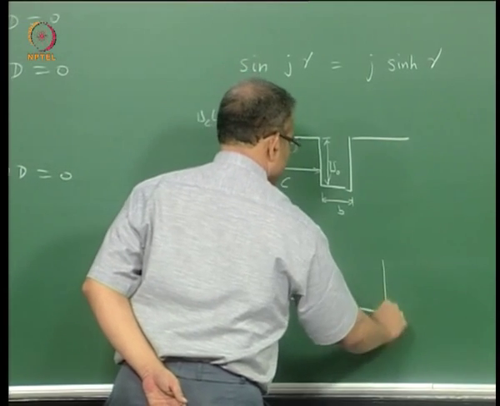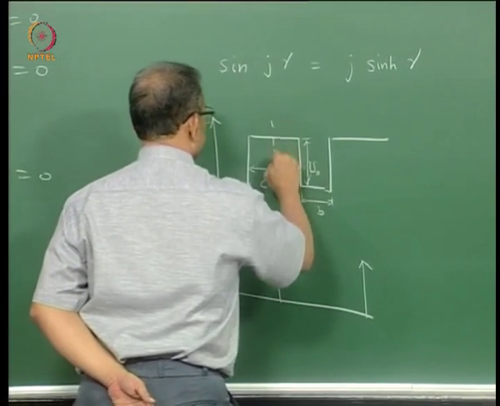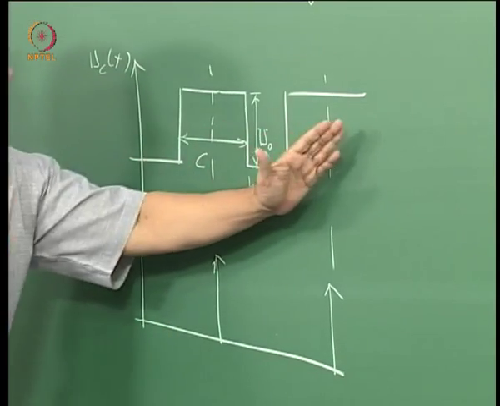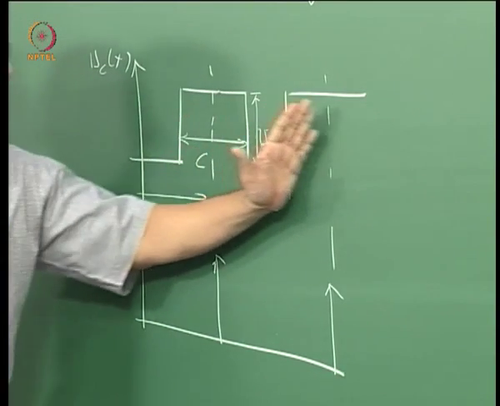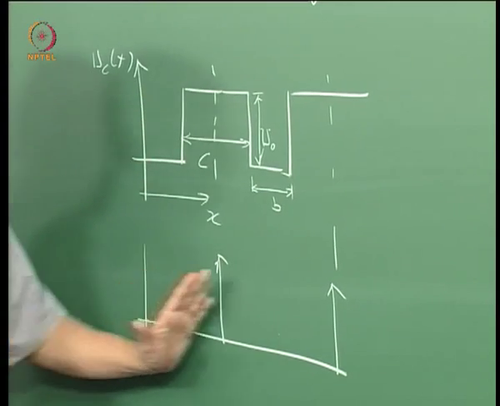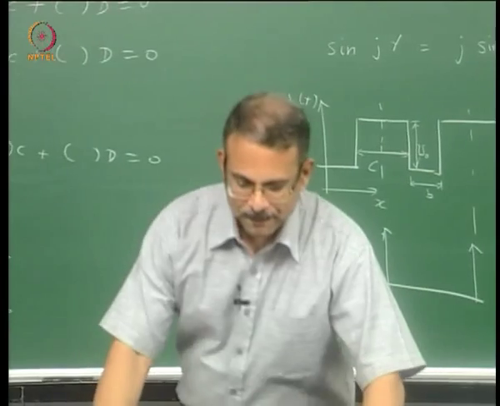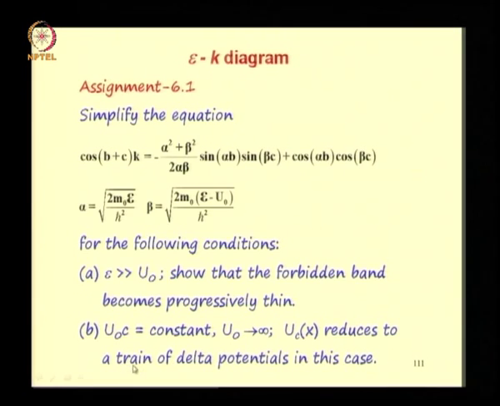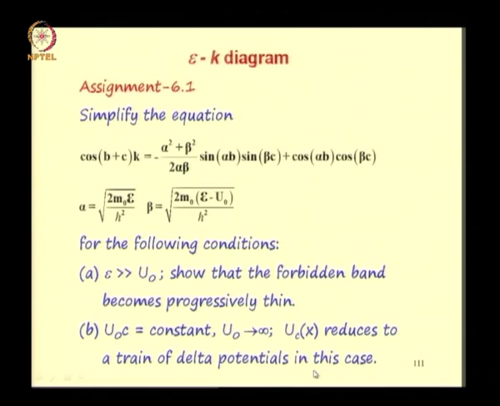Similarly, you will have another delta function somewhere here. So you are replacing this rectangular, periodic potential distribution by a train of delta functions. So for this case, U_c(x) reduces to a train of delta potentials.